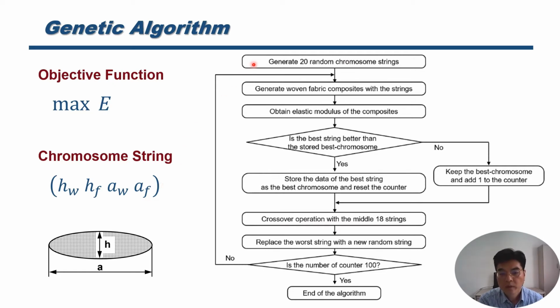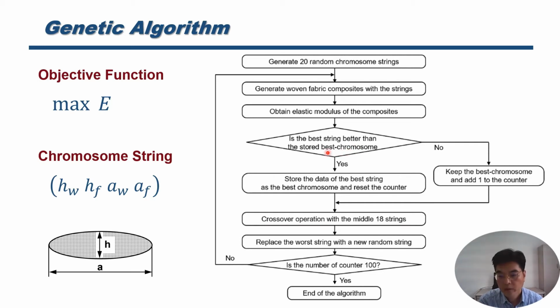So first of all, we generated 20 random chromosome strings. With this string, we generated the geometry of the woven fabric, and then we obtained the elastic modulus of the composite, and then we compared the best chromosome with the previous best chromosome.